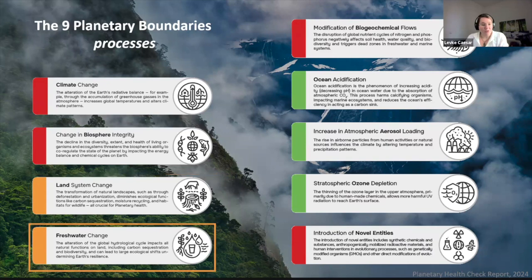Then it's freshwater change, that is the alteration of freshwater cycles, including rivers and soil moisture, which can then add up to impacts on the functioning of nature, again, such as carbon sequestration and biodiversity, and cause shifts in future precipitation levels. So you can already see here a lot of these further boundary processes link back to what we sometimes also call the core planetary boundary processes, which is climate change and the change in biosphere integrity.